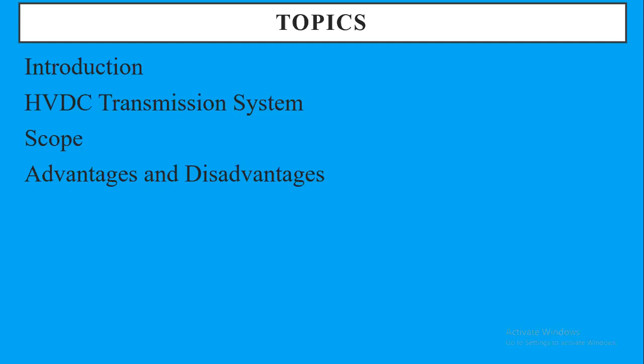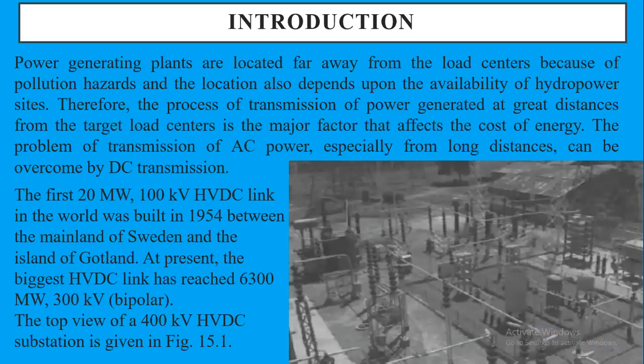So further, we move towards the introduction and the next aspect. Power generating plants are located far away. Power plants like the Hubco power plant, which produces electricity, are installed in Balochistan province, and the Chashma power plant units... the K-Electric plants Unit 1 and Unit 2 are installed at Hawke's Bay in Karachi.